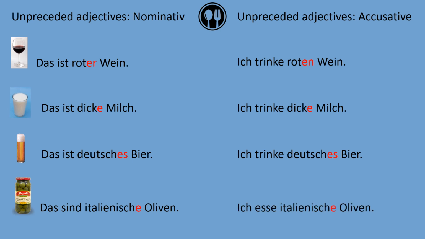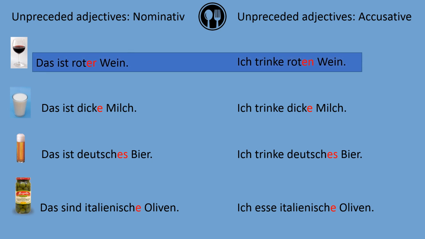Or I eat Italian olives. Ich esse italienische Oliven. When we compare those sentences in nominative and accusative case, again, the only difference will be when we use a noun which is masculinum. So this is a red wine, das ist roter Wein. And I drink red wine. Ich trinke roten Wein.